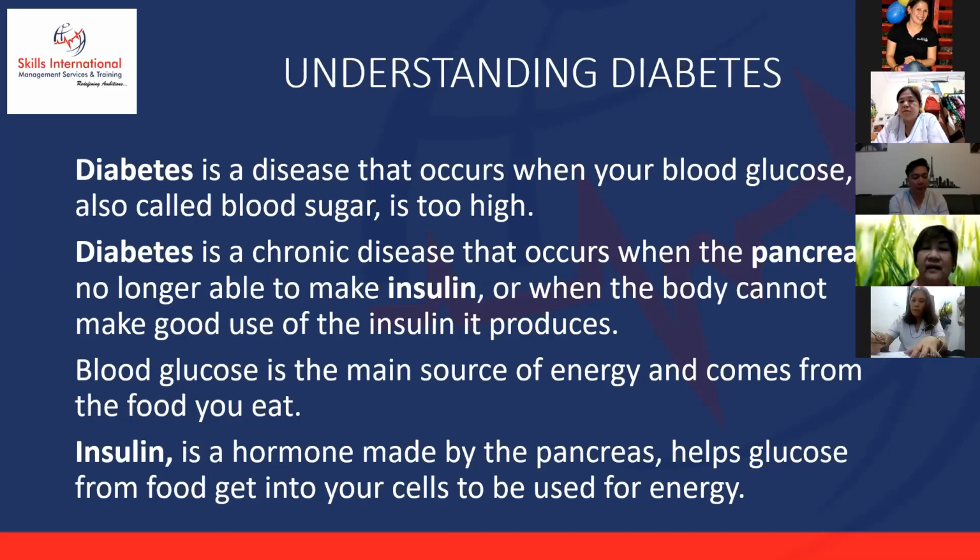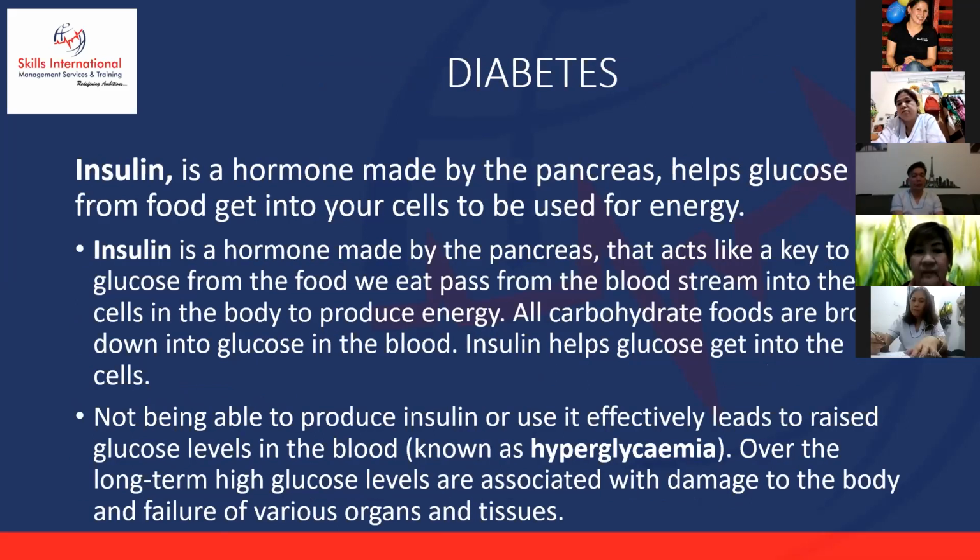Okay, so we know now what causes diabetes. It's because the pancreas producing insulin is not working anymore. Insulin, as we said, is the hormone made by the pancreas. It helps glucose from food get into your cells to be used for energy.